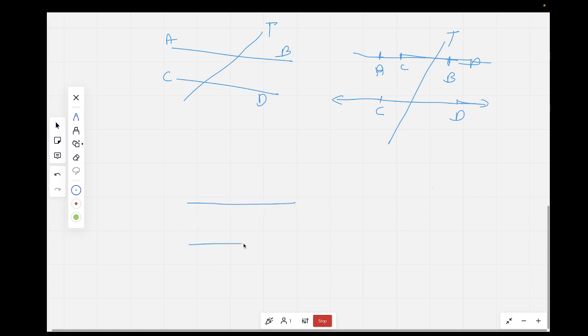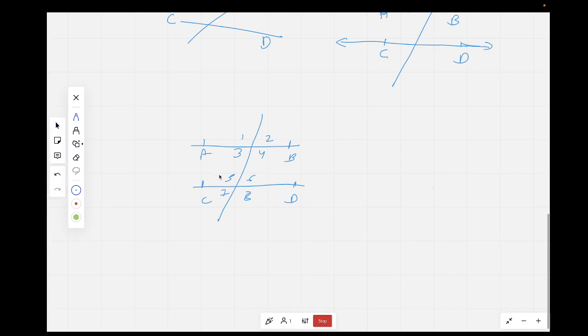So there are parallel lines A, B, C, D, and a line here. So there are 8 angles formed here. What are those angles? 1, 2, 3, 4, 5, 6, 7, 8.